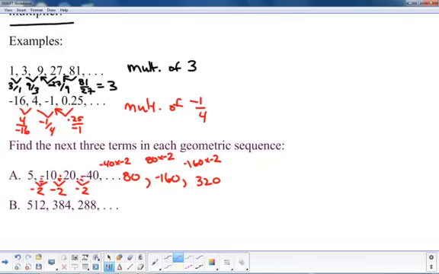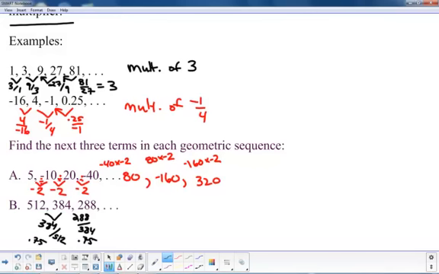We're going to do the same exact thing with the next set of numbers. So 288 divided by 384 is 0.75. And 384 divided by 512 is 0.75.